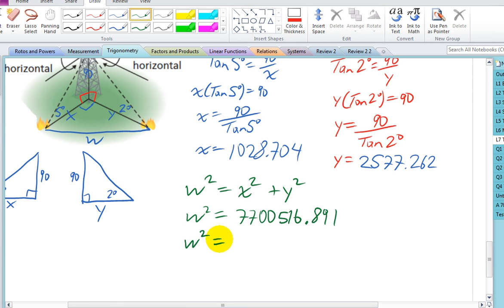Sometimes calculators have 3 memory buttons.